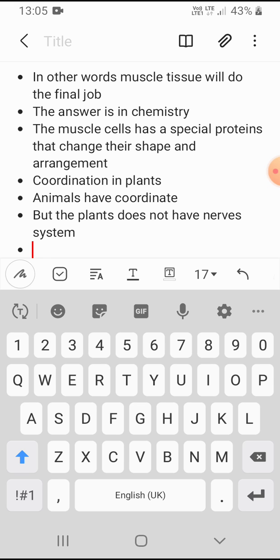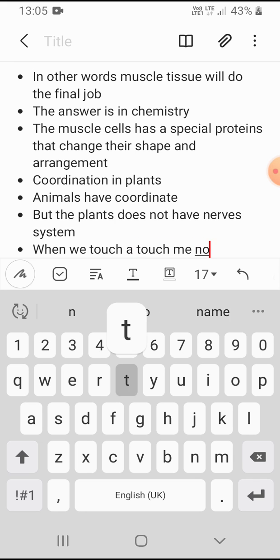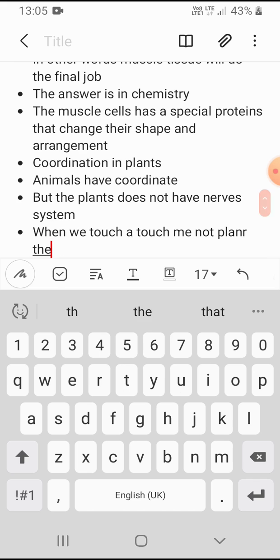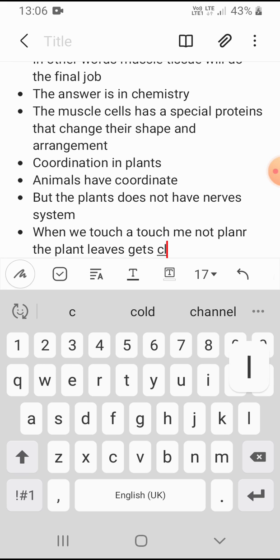So what happens when we touch a touch-me-not plant? The plant leaves get closed. How is this happening?